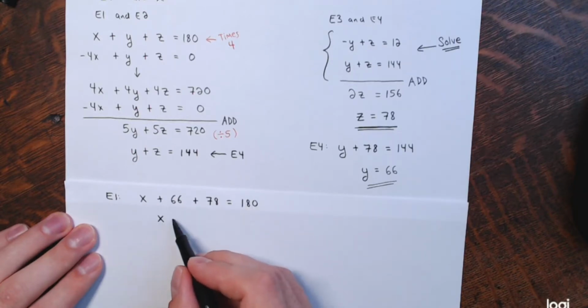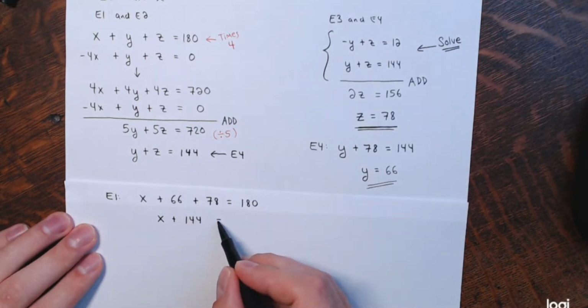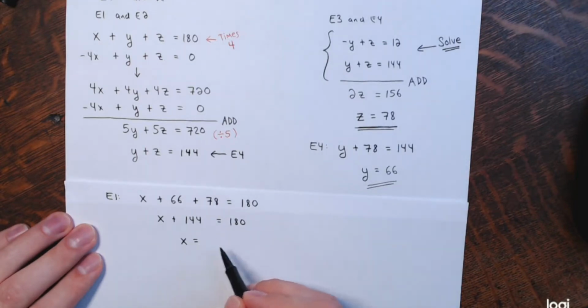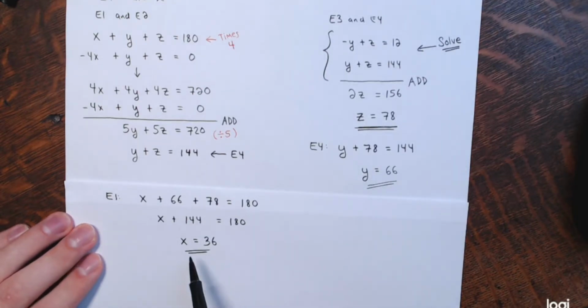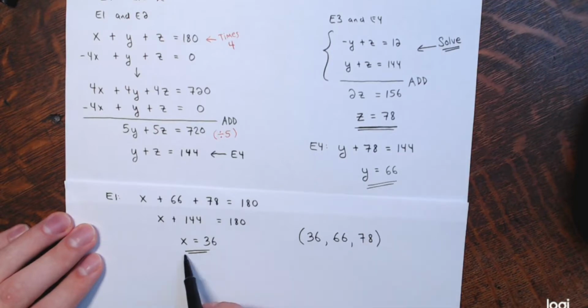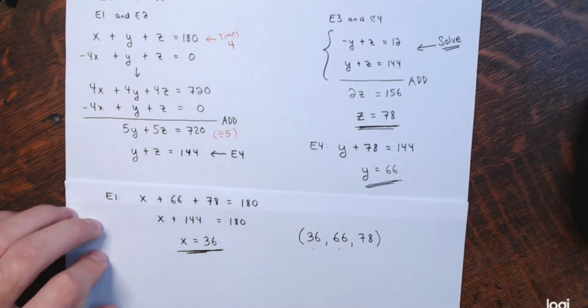And this is x plus, again, these add up to 144, equals 180. Then I would simply subtract 144, and that's 36. And there you go. The solution of this system is the ordered triple: 36 for x, 66 for y, 78 for z. Now I think they just want us to enter the value of x, the value of y, and the value of z separately. Just make sure you put them in the order that they're asking for.